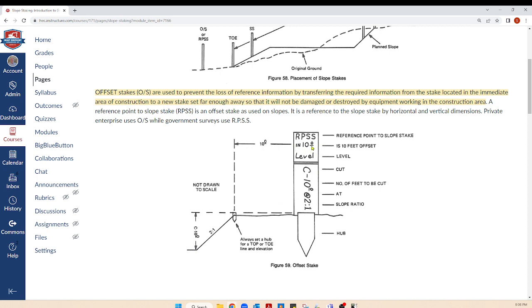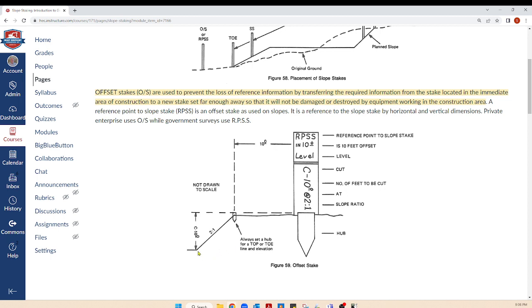In 10.0 feet level. So go straight out here, level 10 feet, and then I want you to cut 10 feet at 2-to-1. So if we go down 10 feet at a 2-to-1 ratio, how far is that going to put us out here?